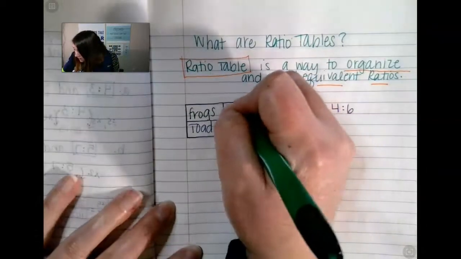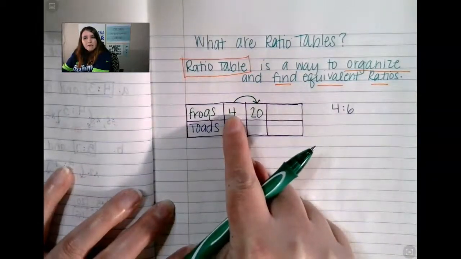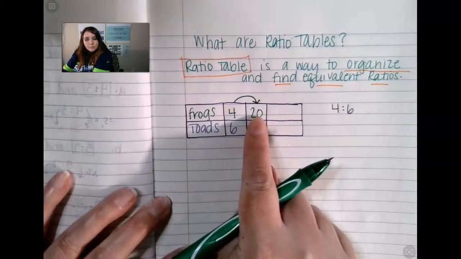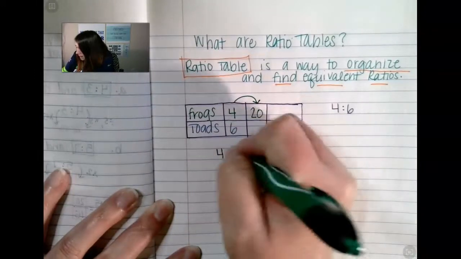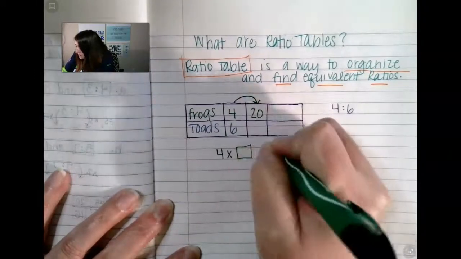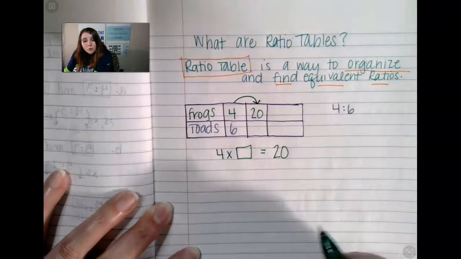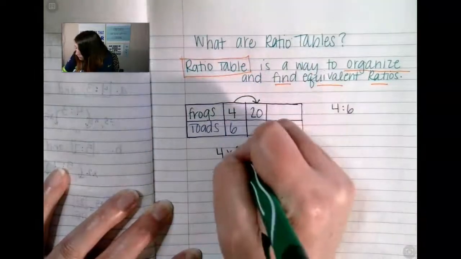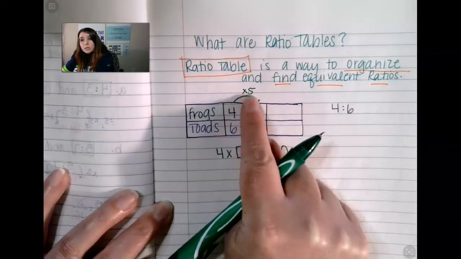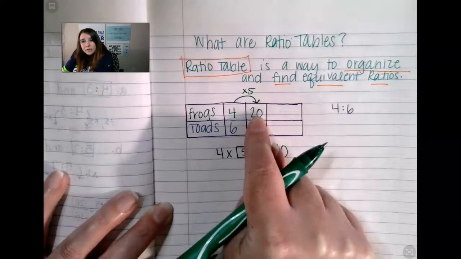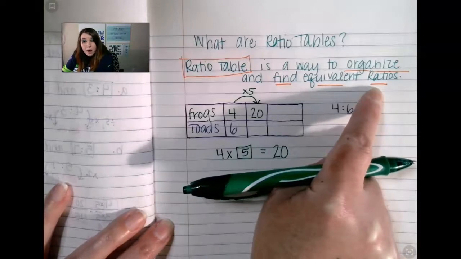Let's say I'm going from 4 to 20. What caused us to get from 4 to 20? Well, we know that when we multiply 4 by something, it gives us 20. What is the something? Well, 4 times 5 gives us 20. So equivalent ratios happen when we do the same thing to the bottom.